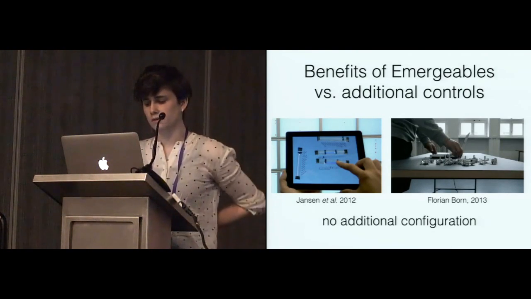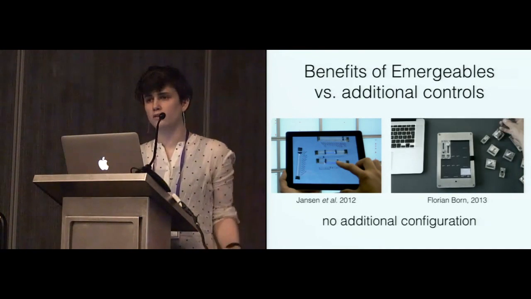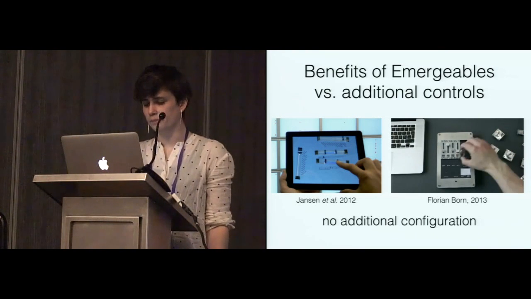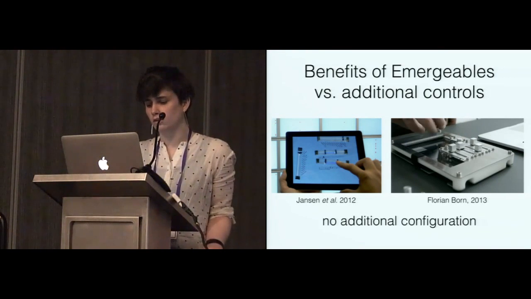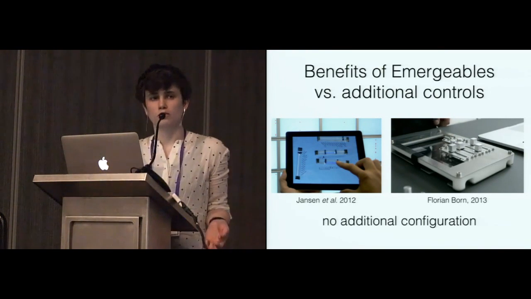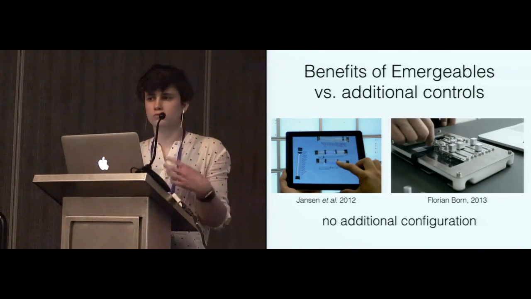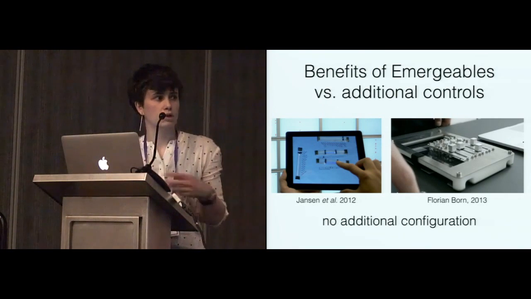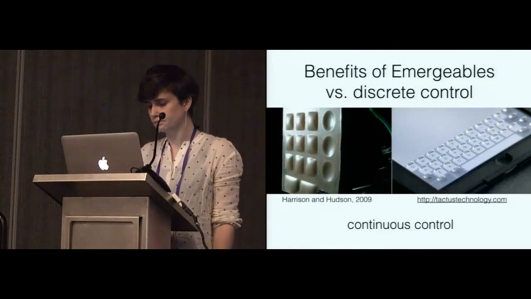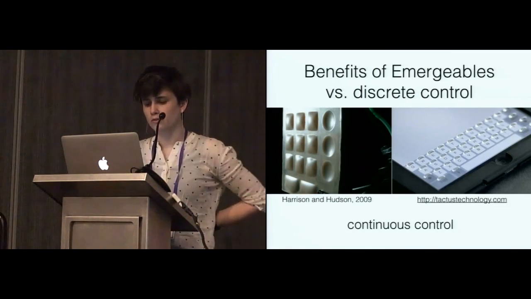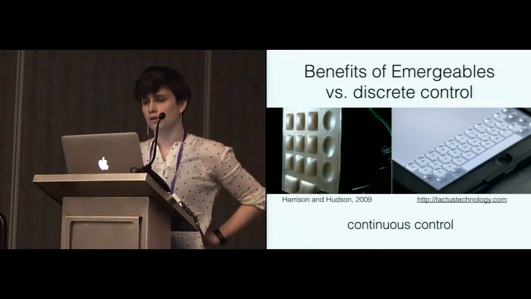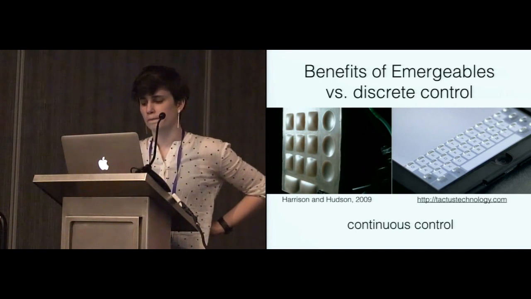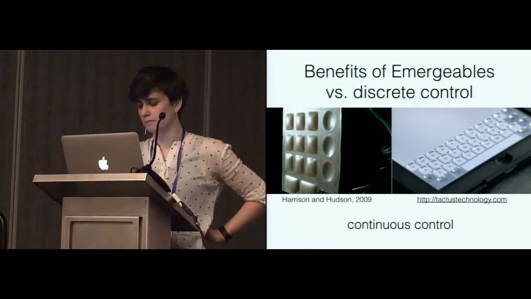Another approach that was introduced before was also to add some tangible controls onto the tablet. Compared to this, we provide the user with the opportunity not to perform this additional manipulation to add the sliders and the knobs on top of the tablet. And also, compared to previous work on buttons, what we wanted to provide the user is a continuous control for mobile interaction.